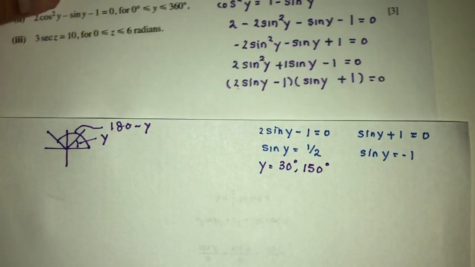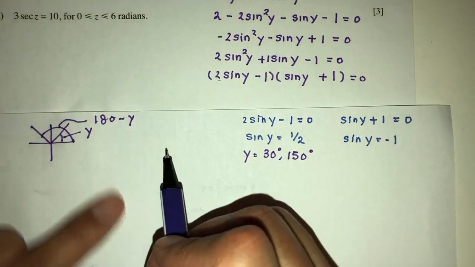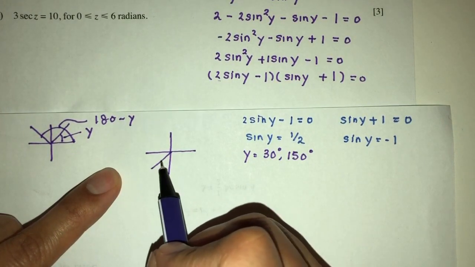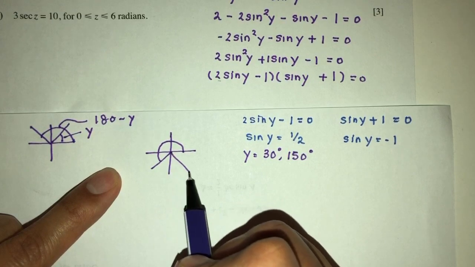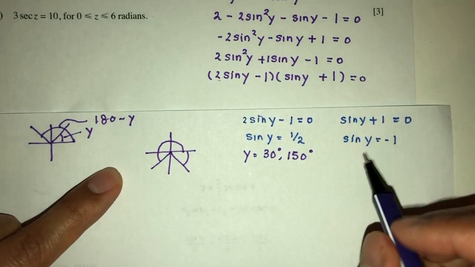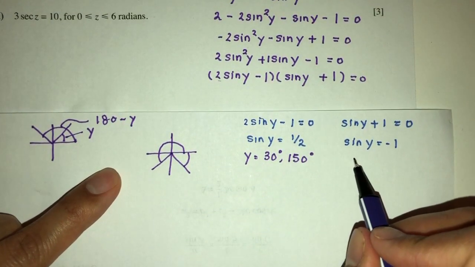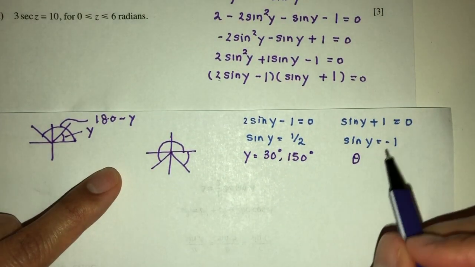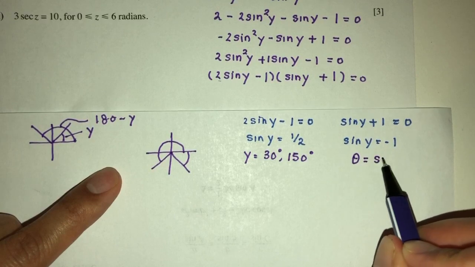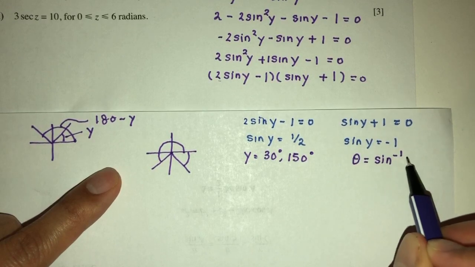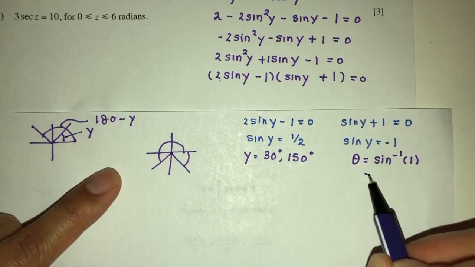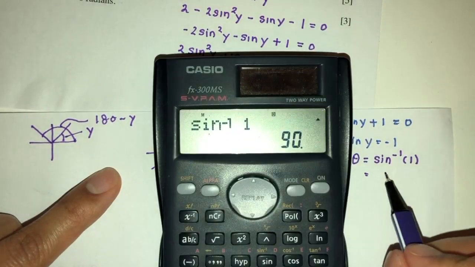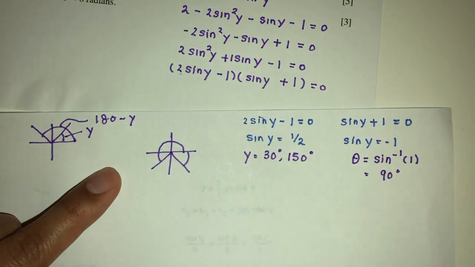Okay, that is okay. Now, when sine is negative, you have to know it will be in the third quadrant and the fourth quadrant. Because it is negative, I will proceed with the value of theta. Theta is a fake angle. I just use this because the value is negative, just trying to help me to find the answer. So that will be sine inverse. I will take the positive value here. So sine inverse of 1, that will be 90 degrees. So my value of y will be what?